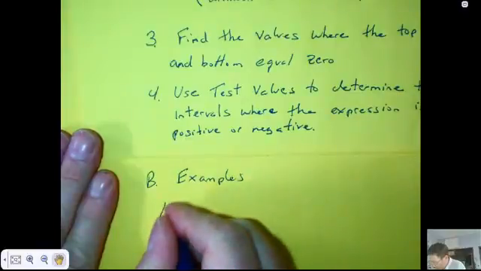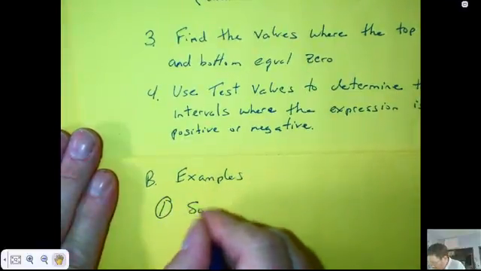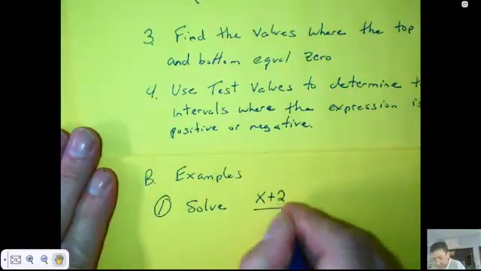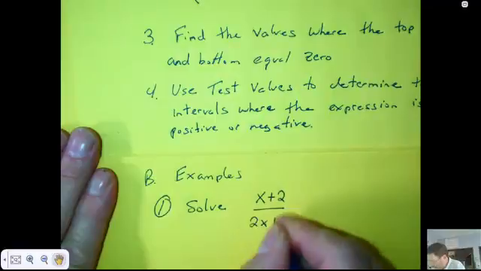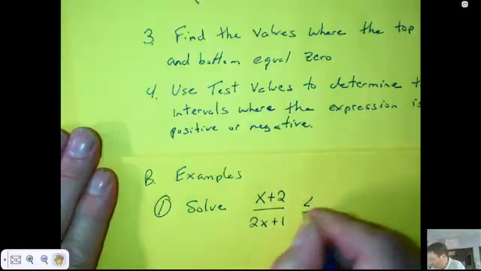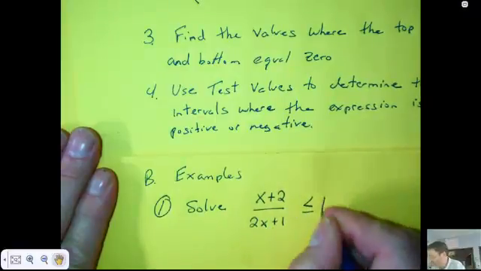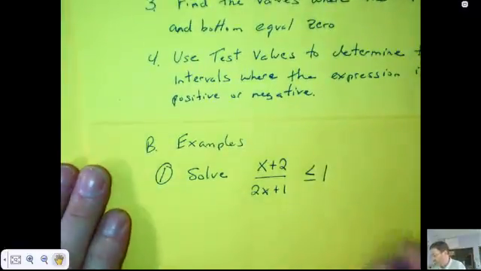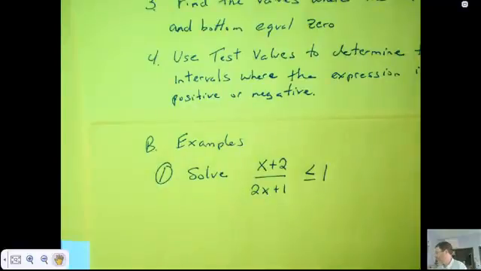Okay, first one. I want to solve x plus 2 divided by 2x plus 1 is less than or equal to 1. Based on what we've just talked about, what's my very first step on this?